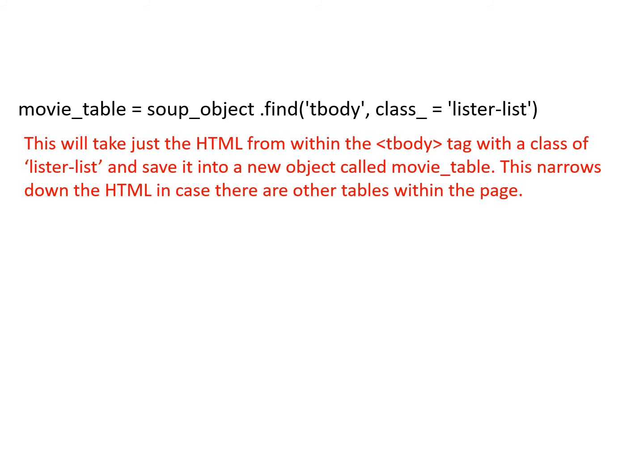We say find, and then we say what we want to find. We want to find this tbody, and we want to find the one with the class of lister-list. Notice we just have to put class with an underscore after it when we pass it in.